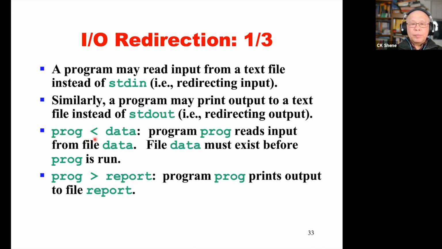This way, we use less than for input redirection. This means when the program runs, the stdin is redirected to the file data. Of course, if you want to read something from data, then file data must exist before the program is run.